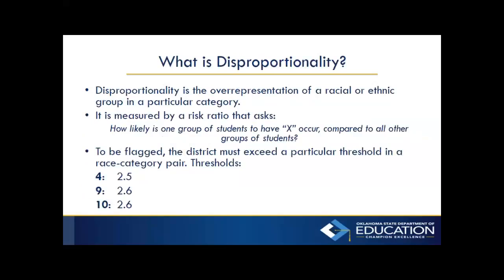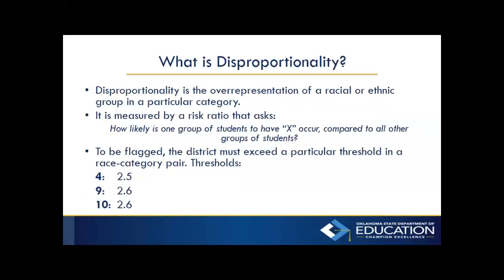So how likely is one group of students to receive long-term discipline, suspensions, compared to all other groups of students? How likely is one group of students to be identified for special ed compared to all other groups of students? That is the concept that we are looking at.